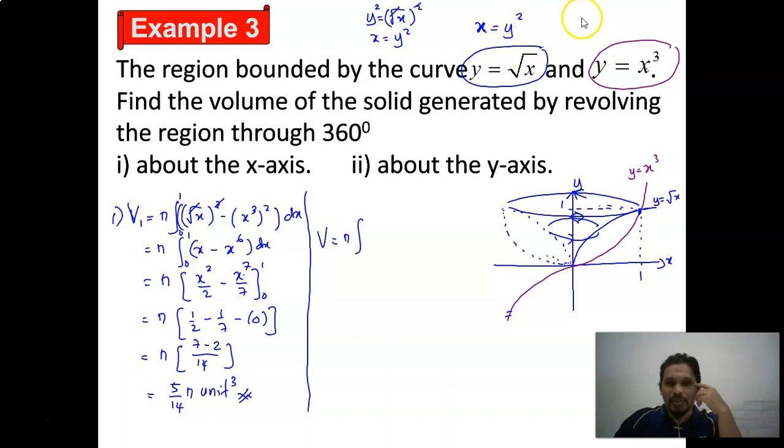And what about this one? y equals x cubed, taking the power of 1 over 3, then x equals y to the power of 1 over 3.